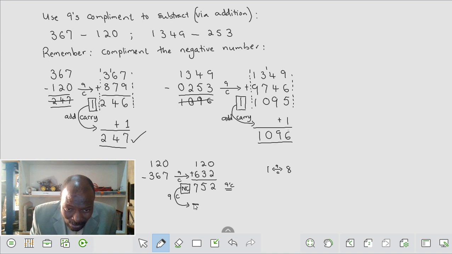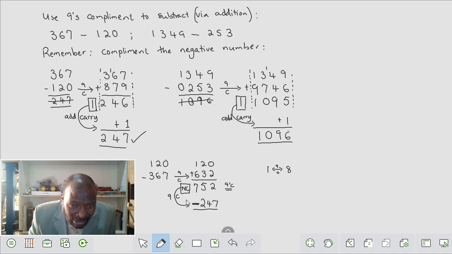So to get the original answer, you know it has to be negative. It looks like you're changing sign, but the sign was positive. You change the sign, and then you repeat the 9's complement to get the actual answer. So this here will be 7, this here will be 4, and that there will be 2. If you look at our answer now, it's 247.